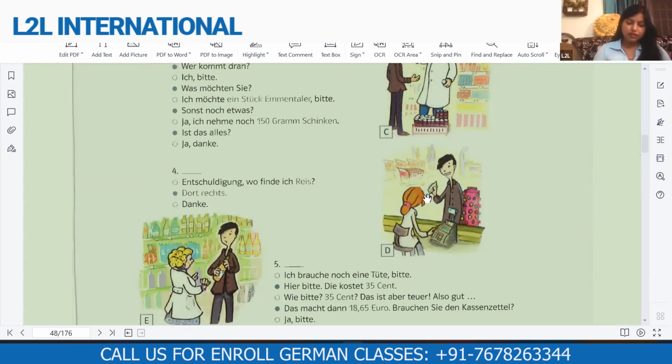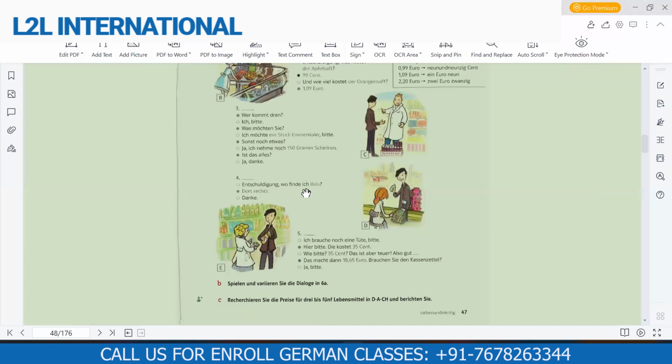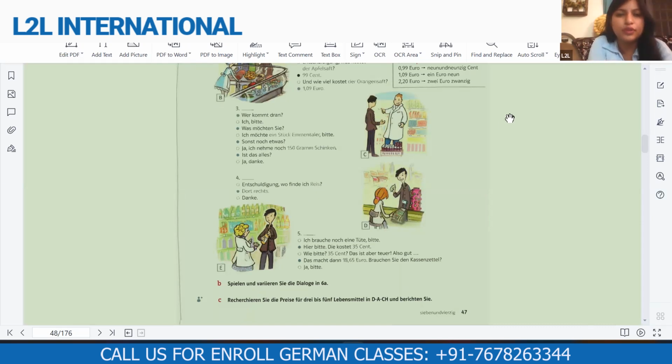Revati, can you guess which picture this dialogue would go with? You have pictures A, B, C and A. D is already guessed. What do you think, Revati?